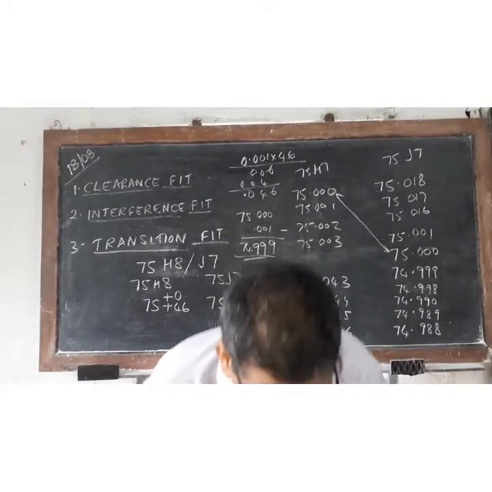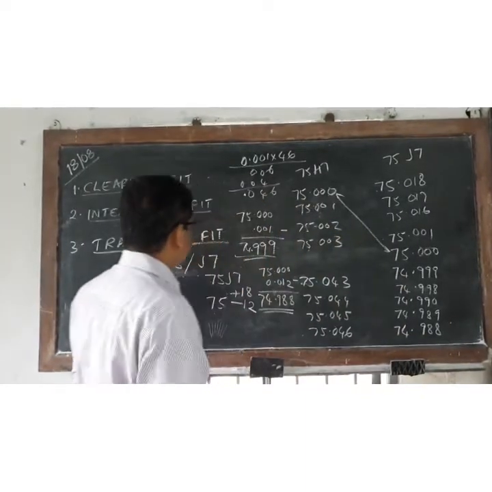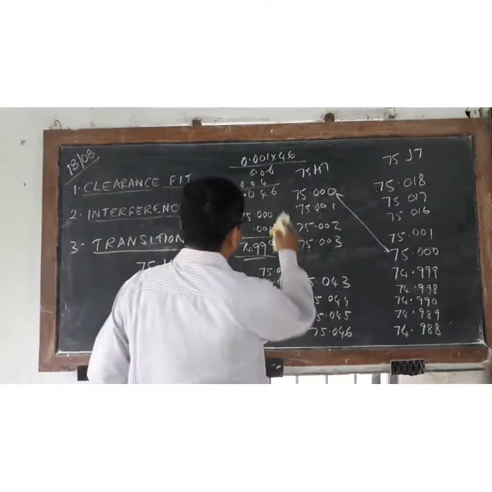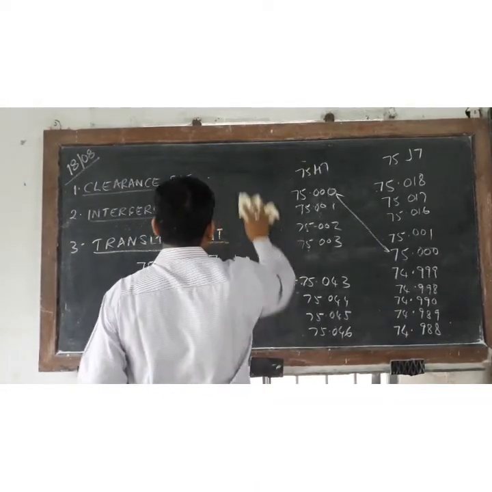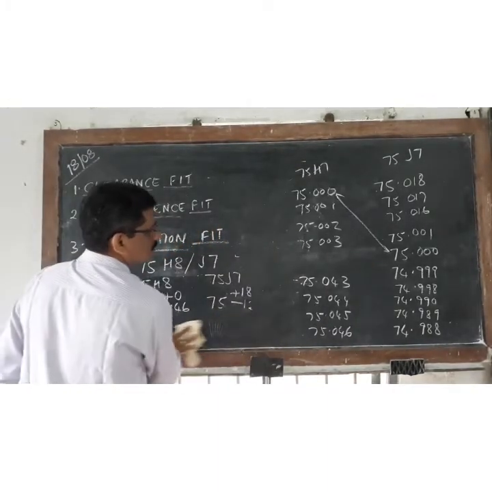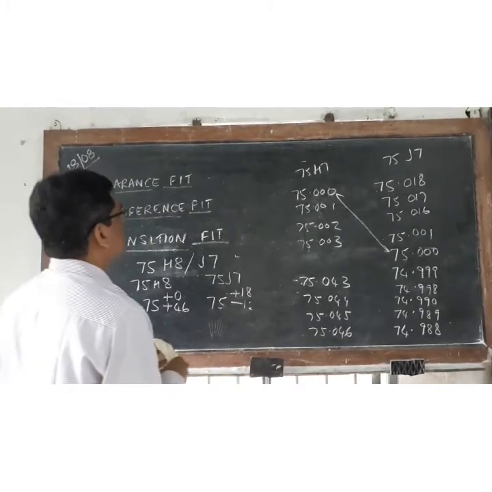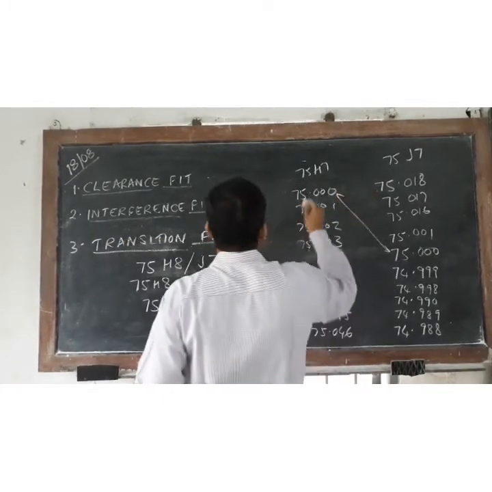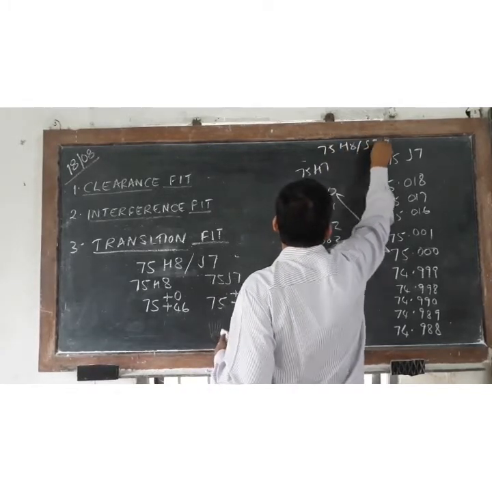Now can you tell me, can you imagine the maximum clearance? Okay, maximum clearance, how much? 75 H8 by J7.